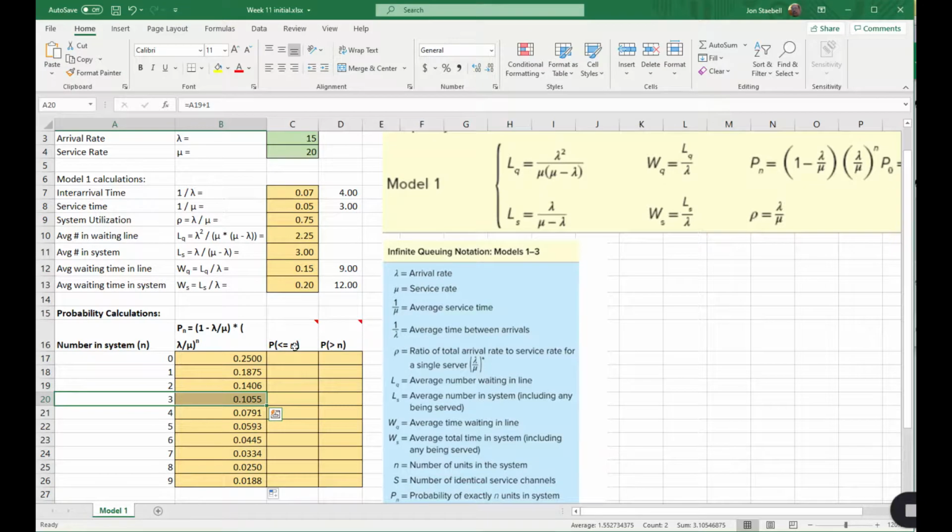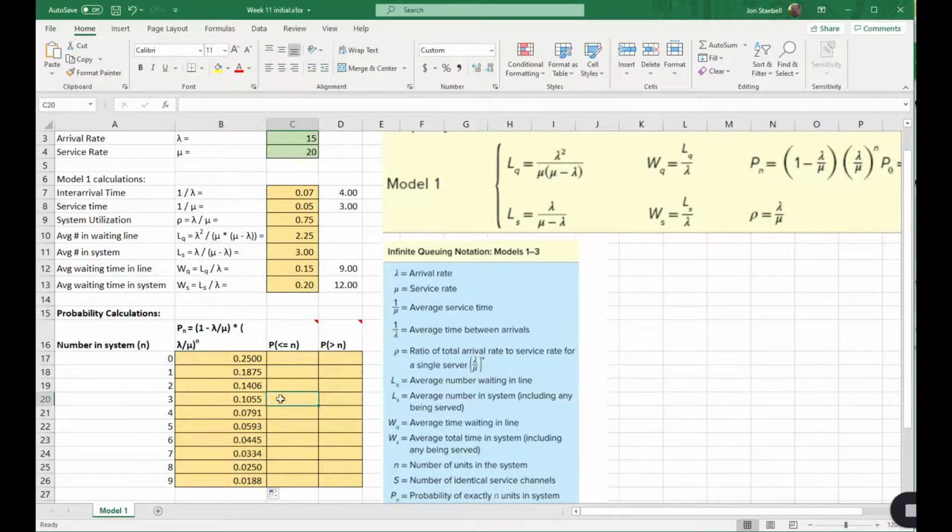So what I want to do in column C here is say, what I'd really like to know is the probability of less than or equal to 3. The probability that there are less than or equal to 3 in the system is the probability that there's 3 plus the probability that there's 2 plus the probability that there's 1 plus the probability that there's 0.